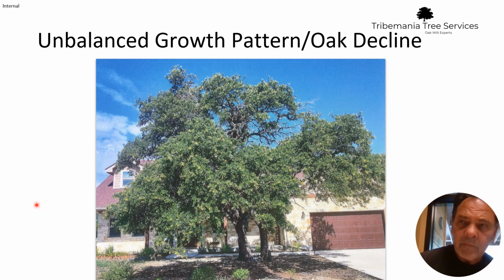And the bottom line is that the demand, the overpopulation in some cases, that demand is greater than the supply. And so the tree is in an unhealthy growth pattern that causes the tree to be vulnerable to insects, funguses, and other stressors in our ecosystem.